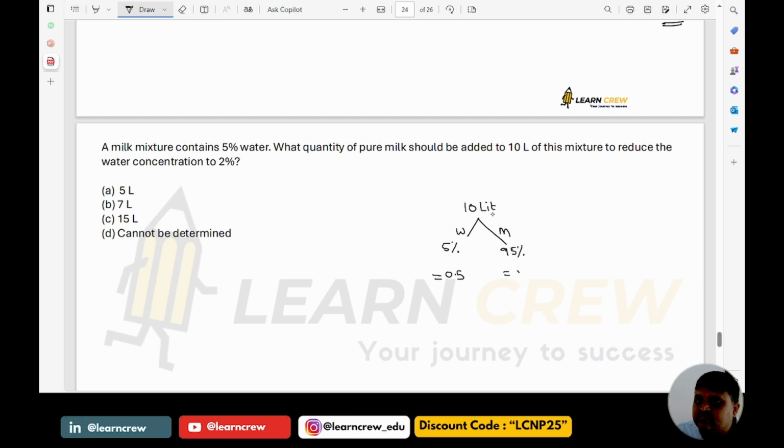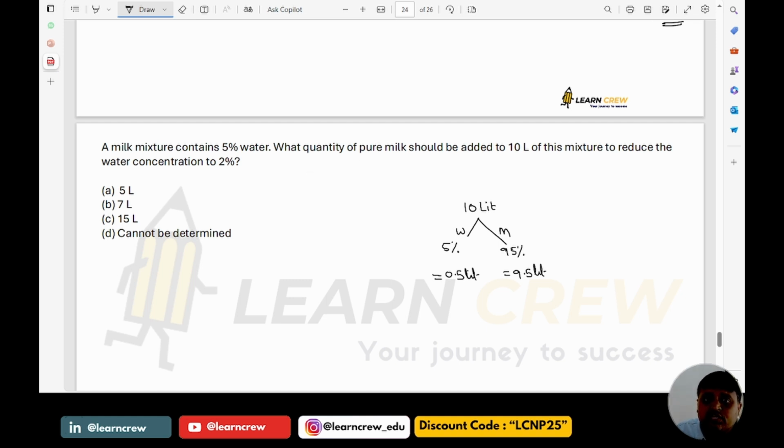See, 10% of 10 is 1. So 5% would be 0.5. If 5% is 0.5, the remaining 95% would be 9.5. So 0.5 liter is water and 9.5 liter is milk out of 10 liters in the initial mixture.